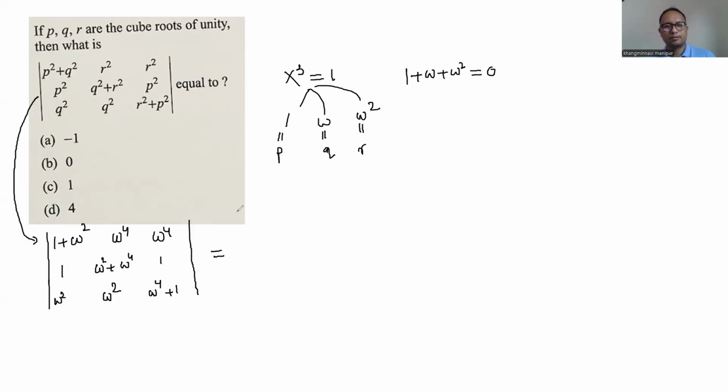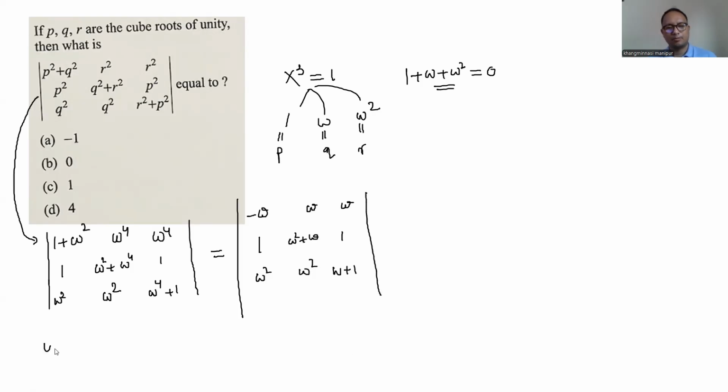Now using this property, 1 plus omega is minus omega square, and 1 plus omega square is minus omega.